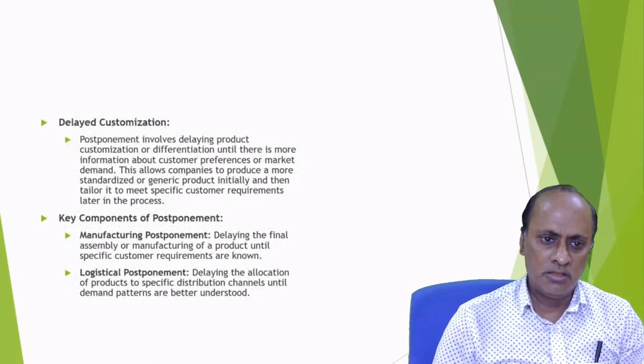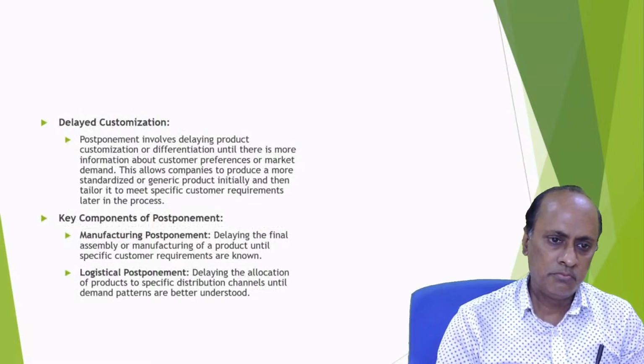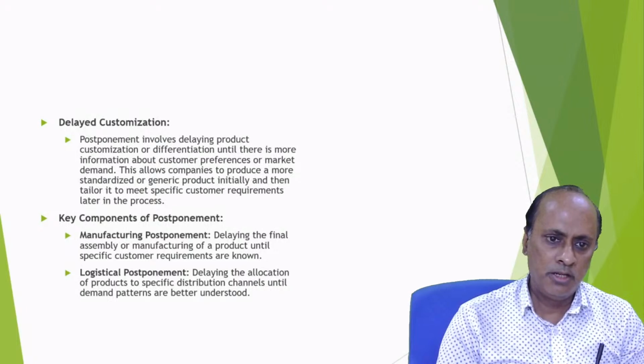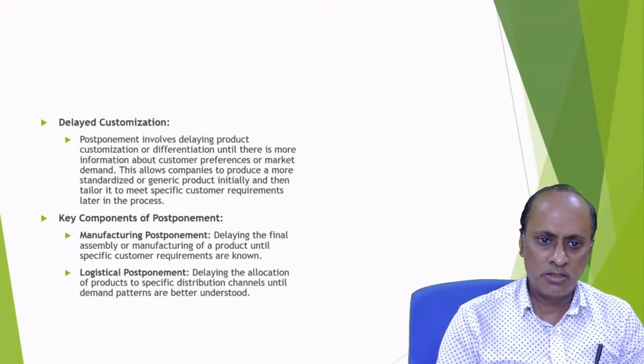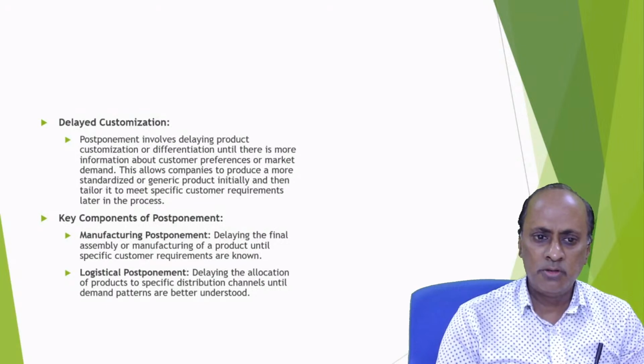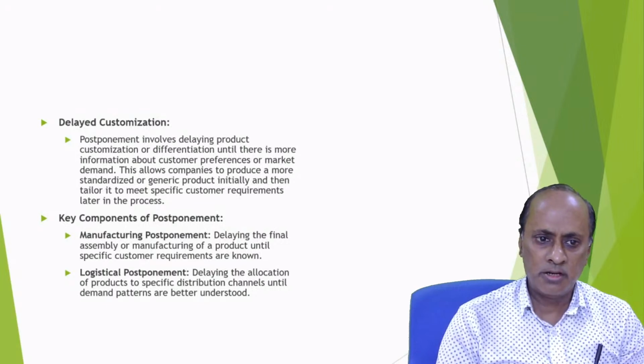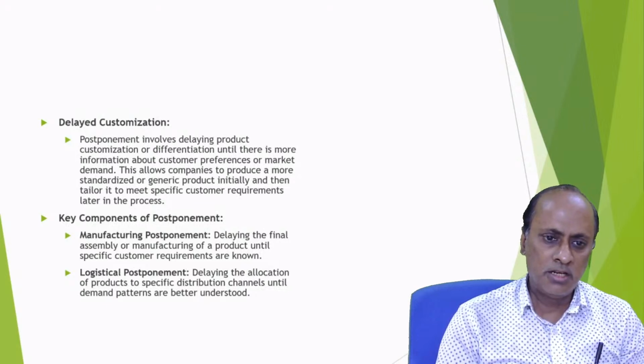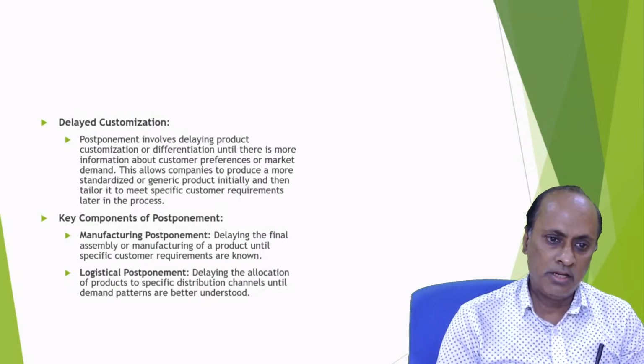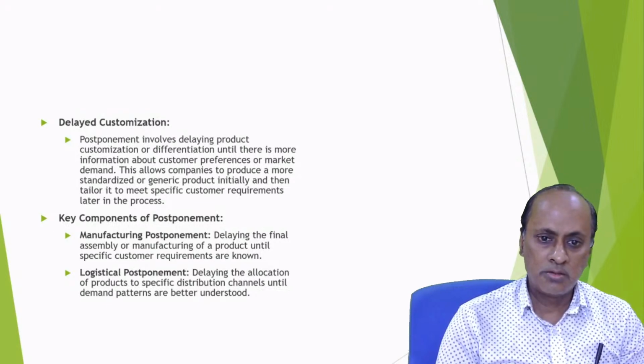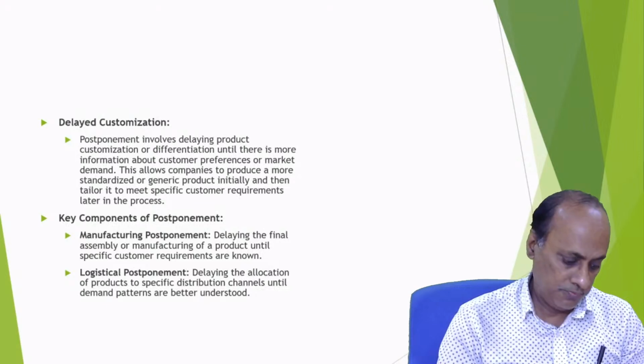Delayed customization. The first key aspect of the principle of postponement involves delaying product customization or differentiation until there is more information about customer preference or market demand. This allows companies to produce more standardized or generic products initially, then tailor them to meet customer requirements later in the process.